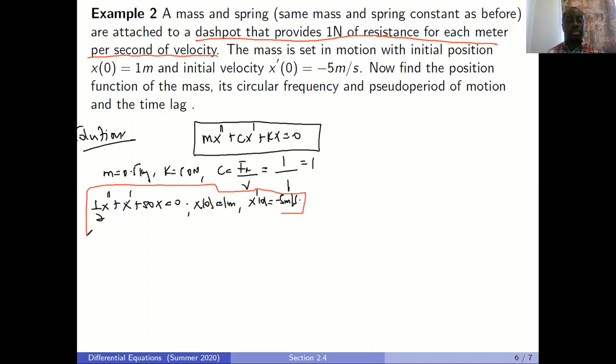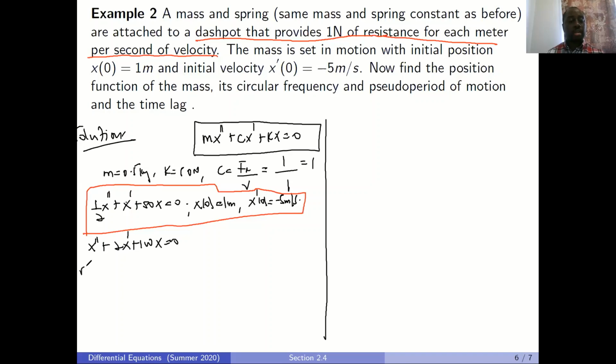which we are going to solve. Again, we'll put this in standard form. Multiplying through by 2, we get x'' plus 2x' plus 100x equals 0.